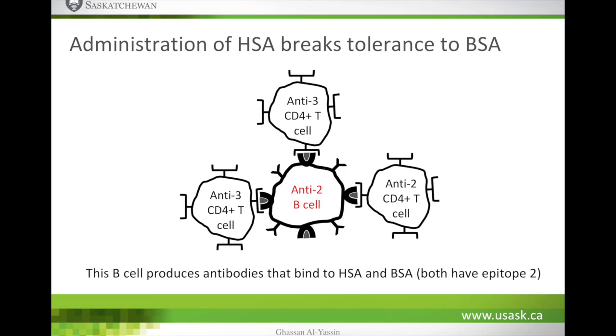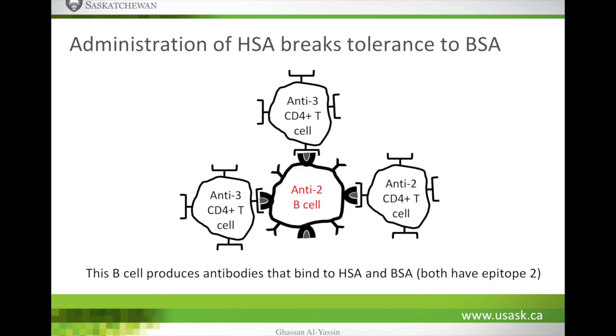In the previous slide, I said that the B cell is specific for HSA. Since lymphocytes are continuously produced, you will get a B cell specific for epitope 2 that will bind HSA, ingest it, break it into little peptides that will bind MHC2 and go to the surface of the B cell.